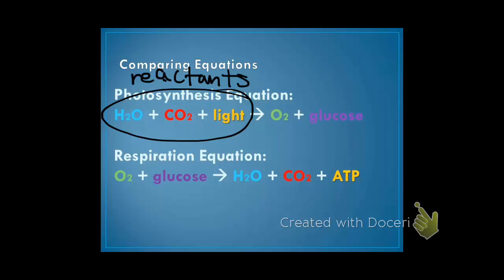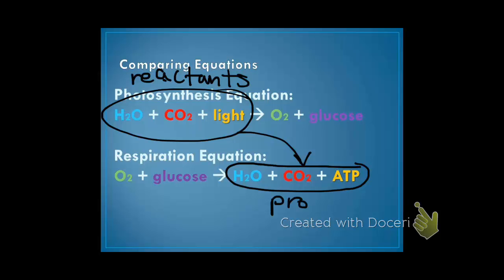What do they become in respiration? The reactants for photosynthesis become, do you know what this side of the equation is called? If you make something, it's called a product.